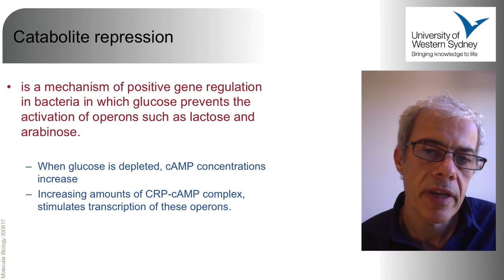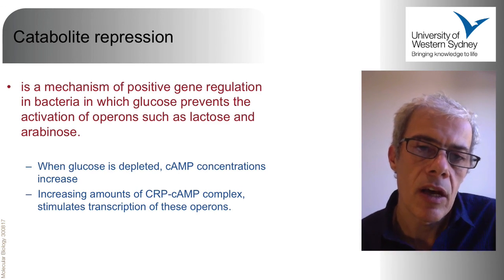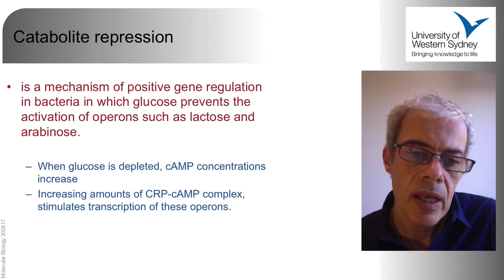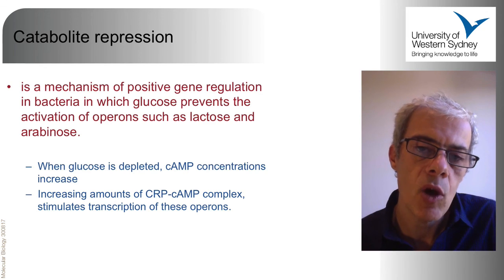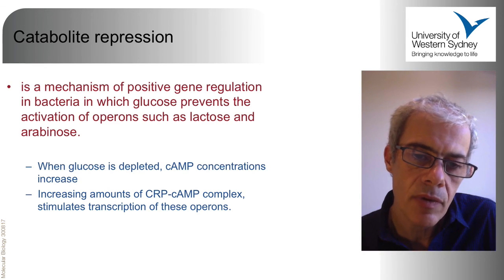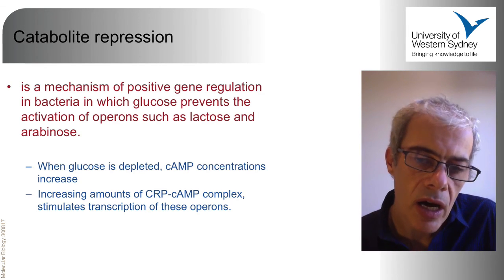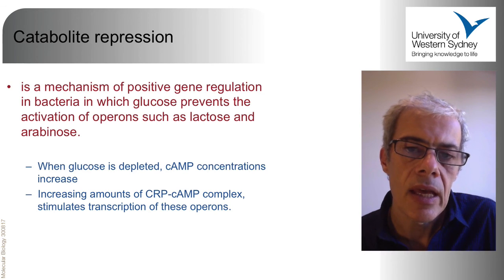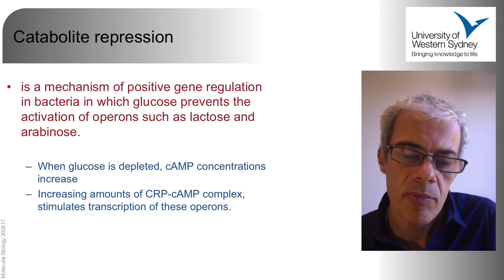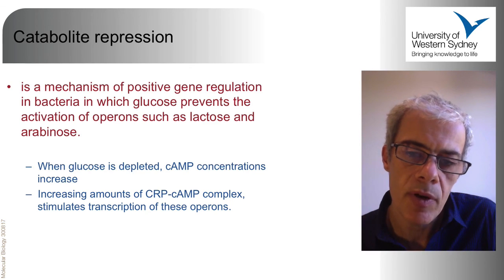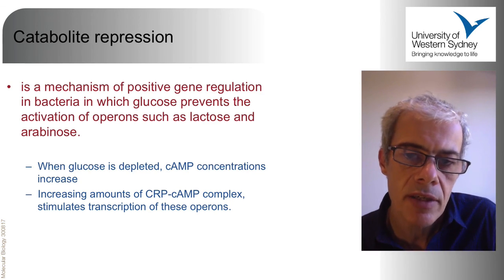We also talked briefly about catabolite repression. In those early studies on the Lac Operon done in the absence of glucose, there were high levels of cyclic AMP, and this caused these positive regulators to bind to the promoter to encourage the RNA polymerase to transcribe at a high rate.